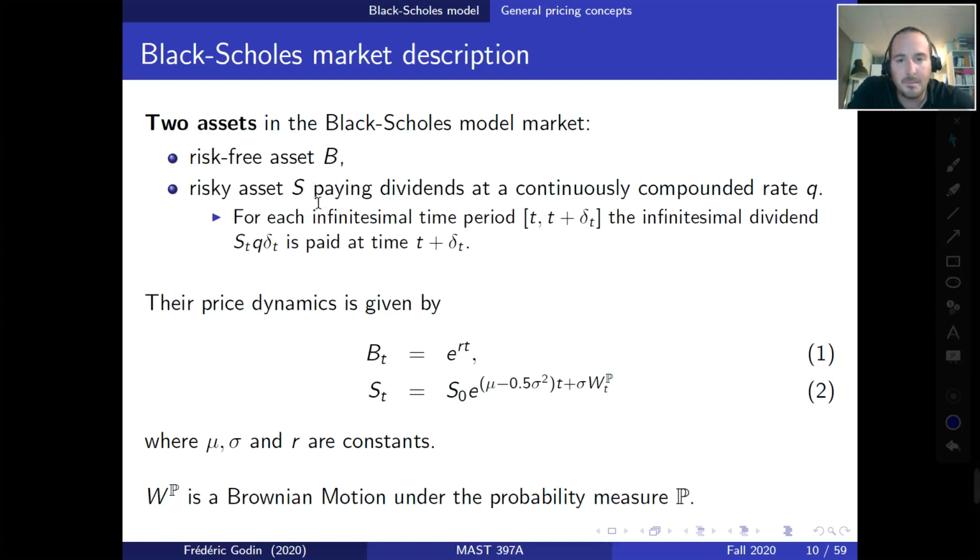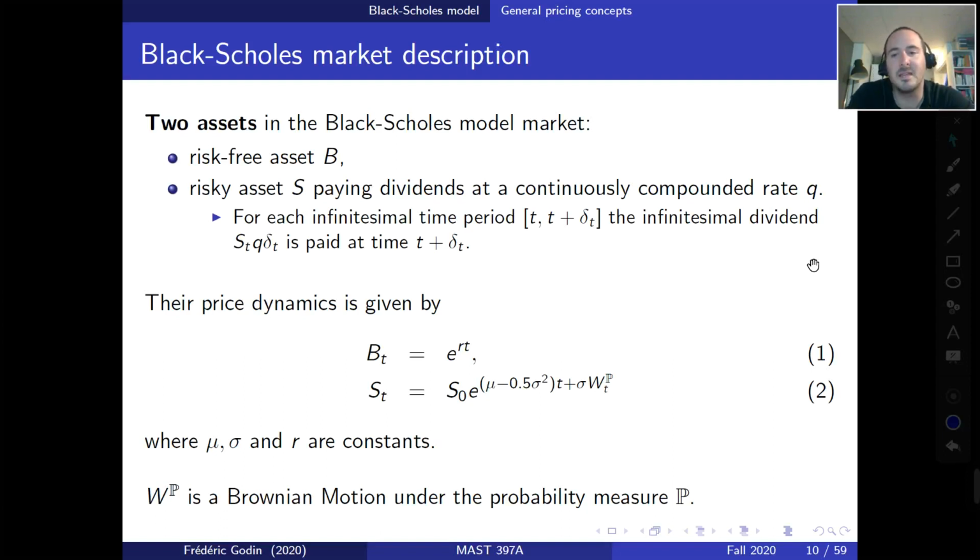This stock is assumed to pay dividends at a continuous rate. All the theory can be worked out for discrete dividends, but this complicates formulas a lot. So for the sake of this course, we're going to assume a constant rate of dividends, which is denoted by q. So q is the dividend rate of the stock in this chapter.